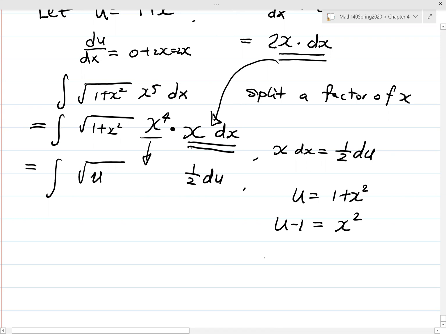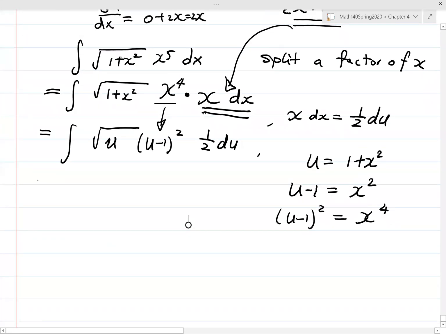Well, we just square both sides. So this will be u minus 1 squared. Then we expand. The square root is u to the 1/2 power. Now u minus 1 squared, we can write as u squared minus 2u plus 1.